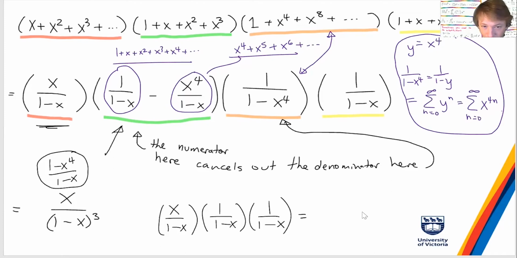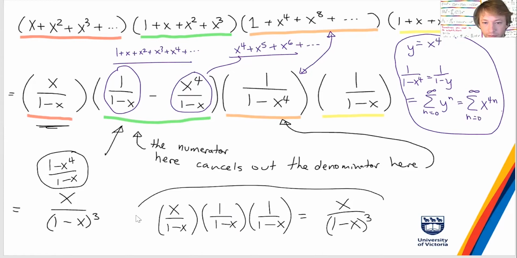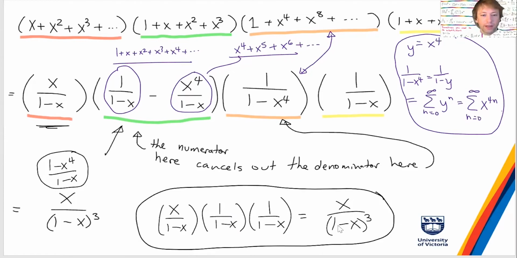So we get x over. Is it clear how I got this with the cancellation? All I did was cancel the 1 minus x to the 4 on the top here with the 1 minus x to the 4 on the bottom of the other one. x cubed.